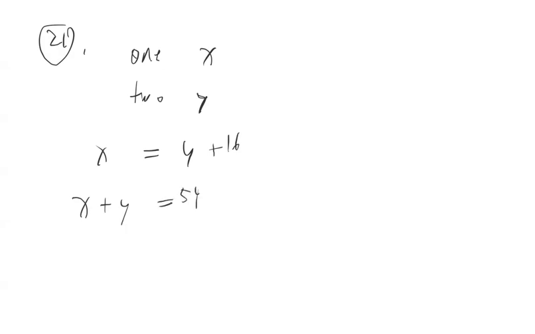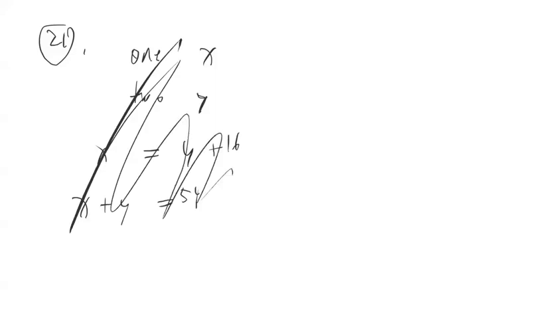Now that's kind of complicated. So let me actually do it like this. Think about it like this. One of the numbers, you don't know what it is. The other number, you don't know what it is either, right?